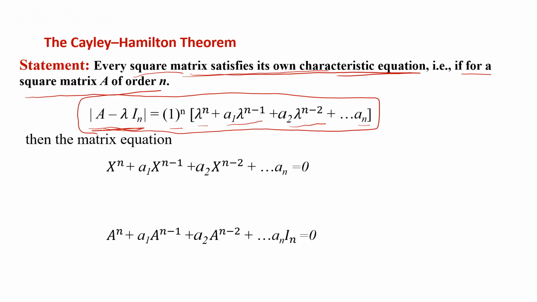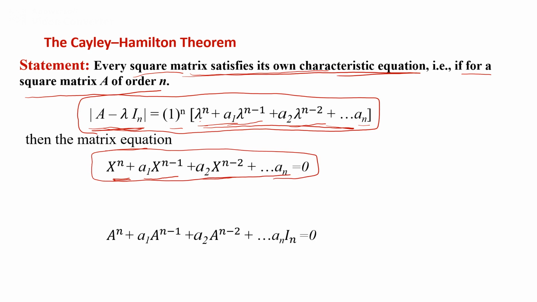So this equation can be written by replacing lambda by x: x^n plus a1 x^(n-1), a2 x^(n-2) plus an is equal to 0.